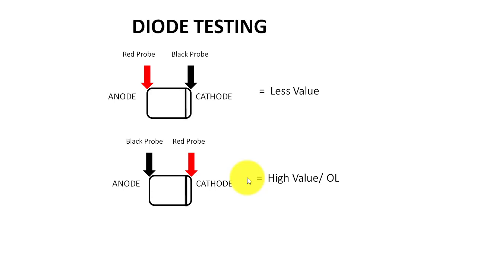And if you keep the black or red probe on the cathode or anode differently and the diode beeps, then it is short, and if both ways show the same value, that is also bad. Okay, so you can understand this way whether it is good or bad.